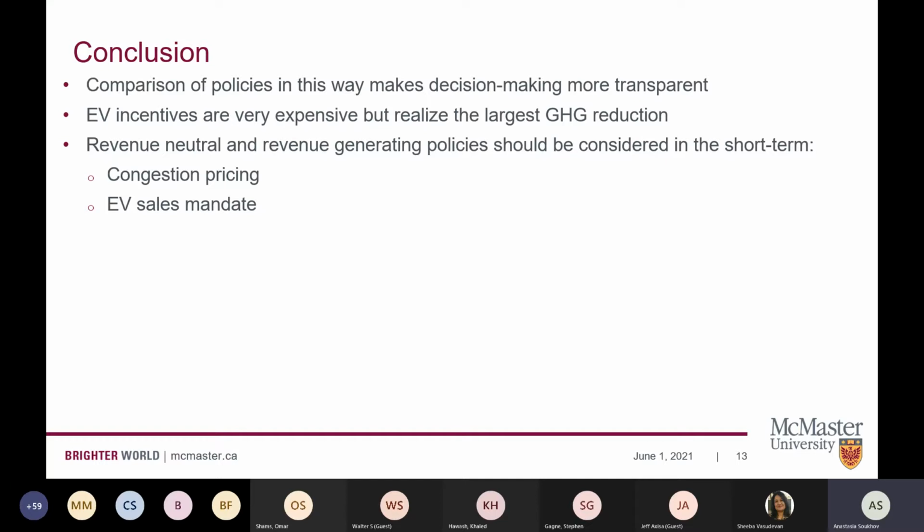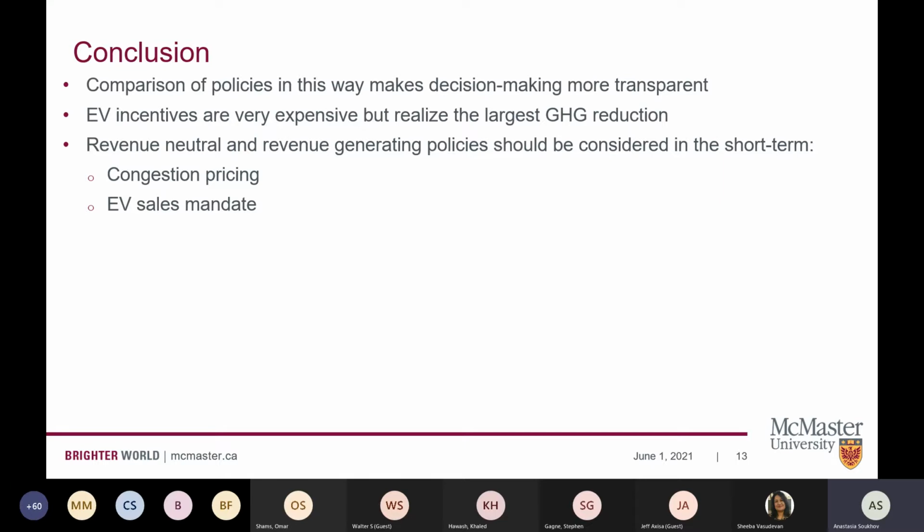EV incentives are also very expensive, but they are needed to realize the large greenhouse gas emission reduction in my policies or in my analysis. However, there are revenue neutral and revenue generating policies which can be considered in the short term, and other provinces are considering them, like the EV sales mandate, for instance.